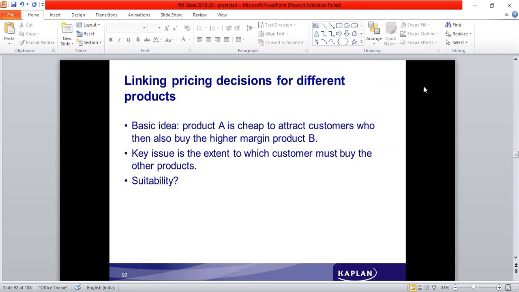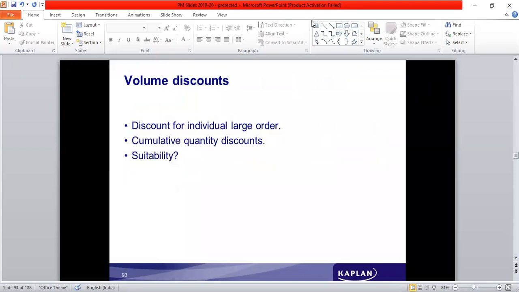After that, we see volume discounts. When the quantity purchased increases, the price also differs. One product purchased is at the same price. At apparel stores, you generally see that if one t-shirt is purchased, there is a 10% discount.